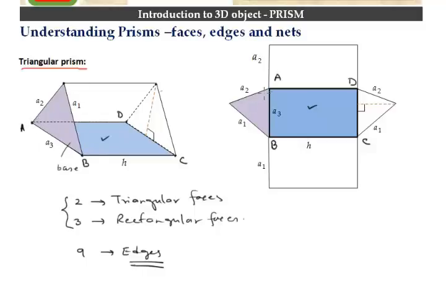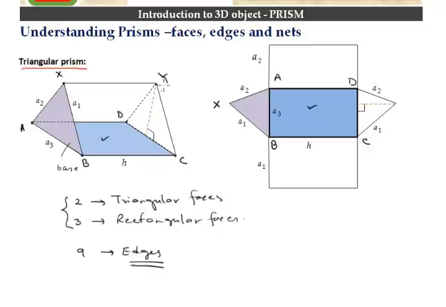AB is A3, and if we name this one as X and this one as Y, then with AB, AX and BX form this triangular face. From A to X, this side length is A2, and from B to X, this side length is A1. So that is how this face ABX is formed.